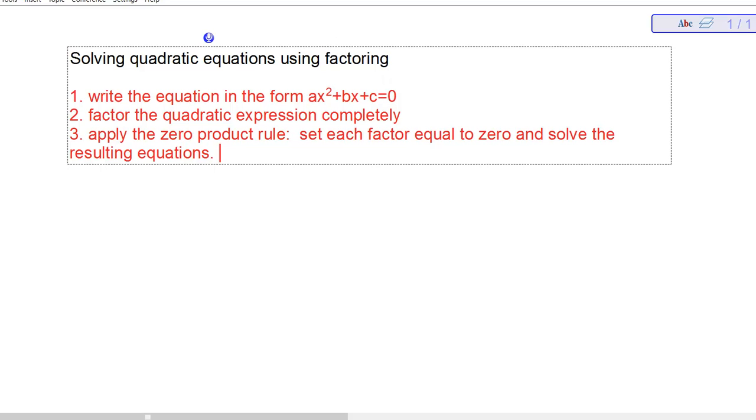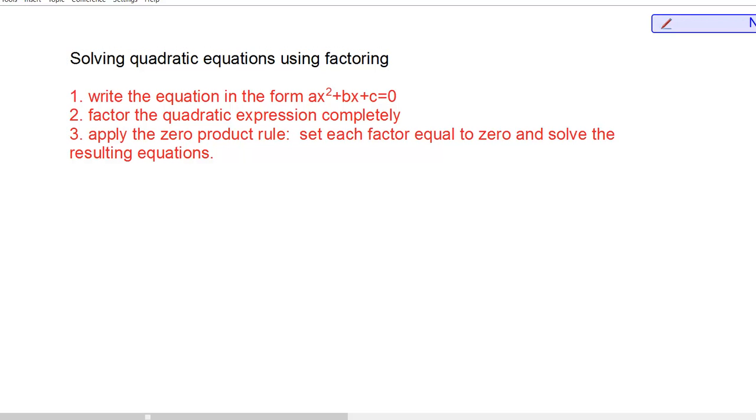For example, if I have 3 times x equal to 0, my x has to be 0, because in multiplication, in order to get 0, one of my items has to be 0. So that would mean that x is actually 0.